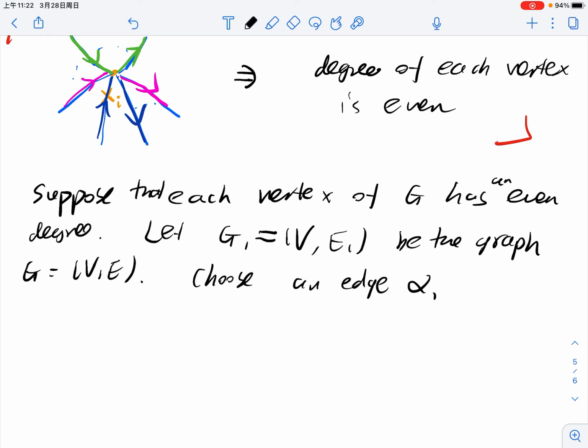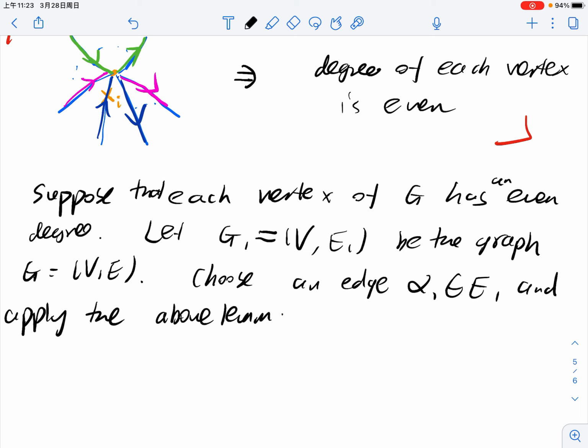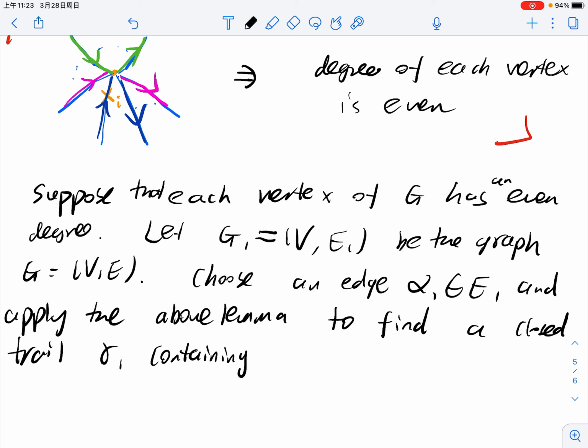So choose an edge alpha 1 and apply the above lemma to find a closed trail gamma 1 containing alpha 1.